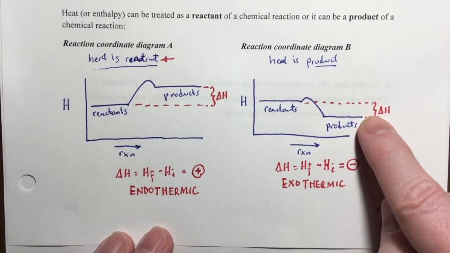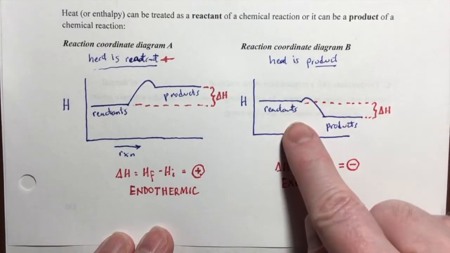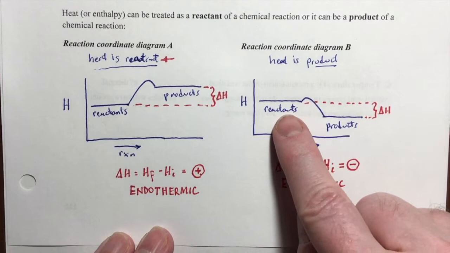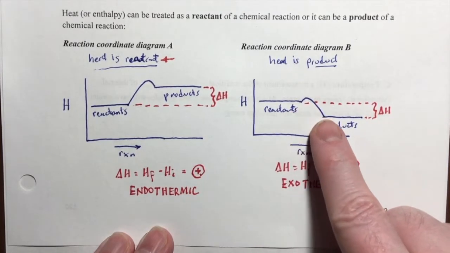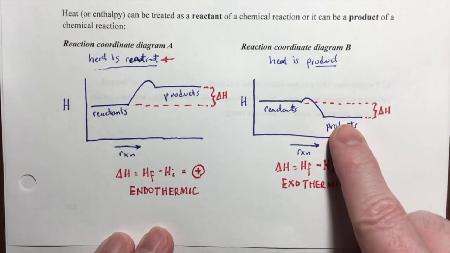Well, according to the first law of thermodynamics, energy can be converted between forms, but it cannot be created or destroyed. So when paper burns, what is happening is we are converting some of its internal chemical energy to the heat that we feel being given off into the surroundings.